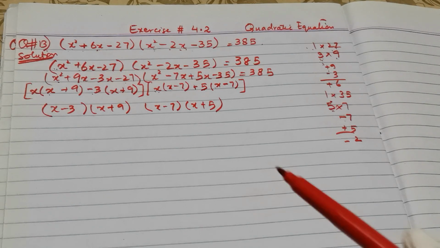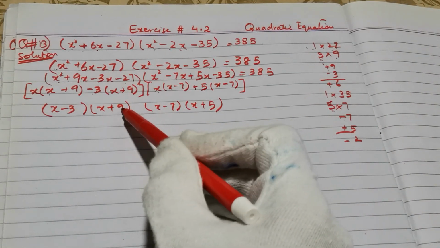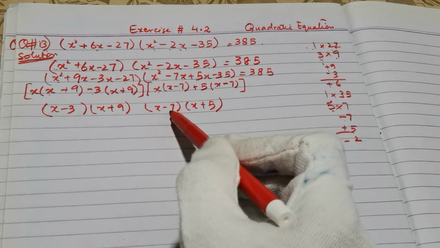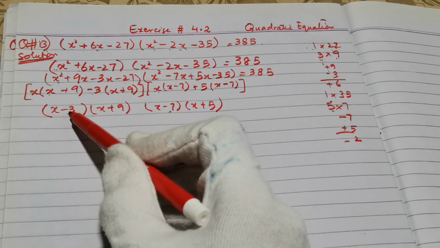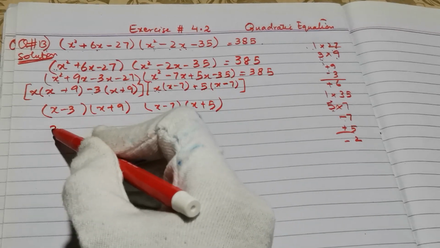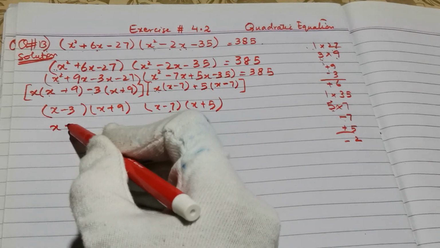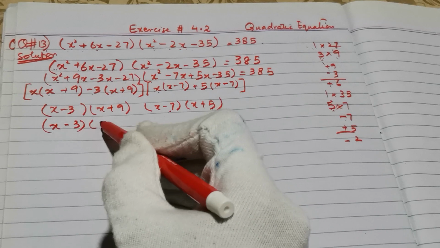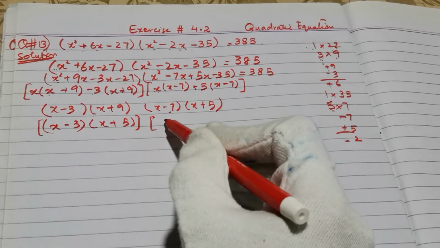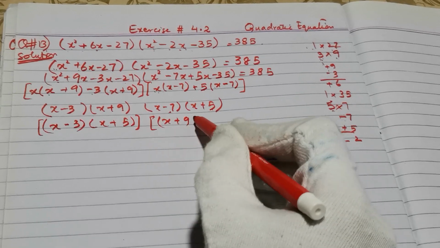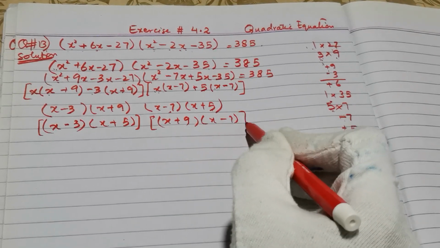Now we will make the pairs: plus 9 minus 7 is plus 2, and plus 5 minus 3 is plus 2. So the pairs become x minus 3 and x plus 5, and x plus 9 and x minus 7.